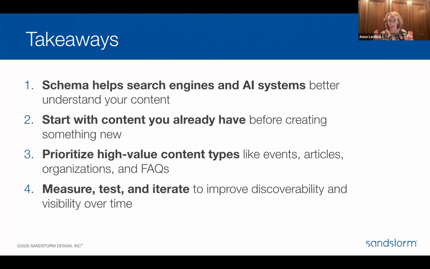And to get the best bang for your buck, make sure that you prioritize the high value content that you really want to be driving people to first and foremost. And then you can continue to validate, test it, and iterate on it over time to keep improving your discoverability and visibility in those AI and other search results as well.